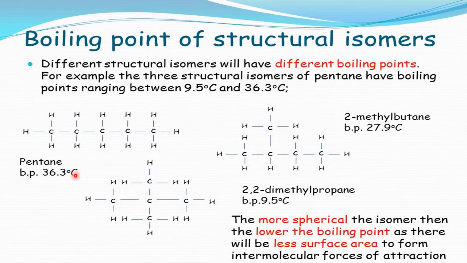All are pentane only. This is 36.3, this is 27.9, this is 9.5 degrees centigrade. That means as we move from normal to branched to more branched, the boiling point is decreasing. Why? Because the more spherical the isomer, the lower the boiling point, as there will be less surface area to form intermolecular force of attraction.